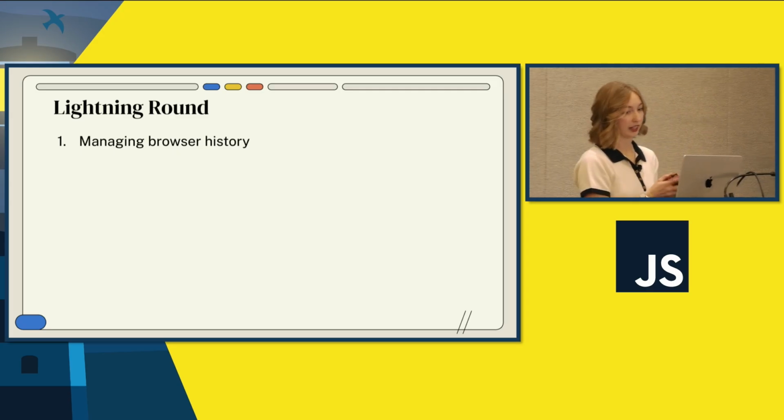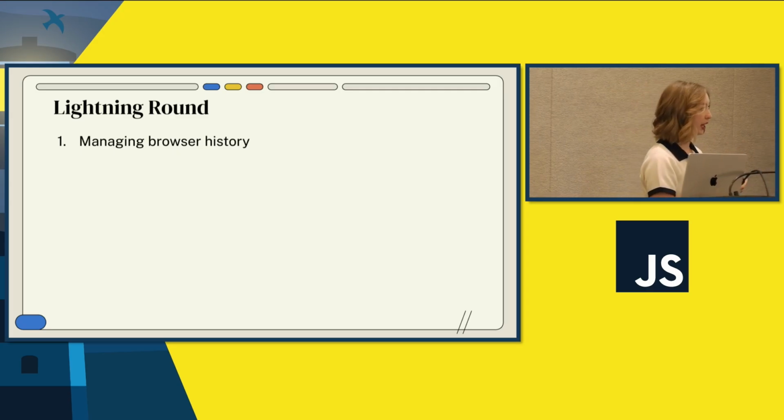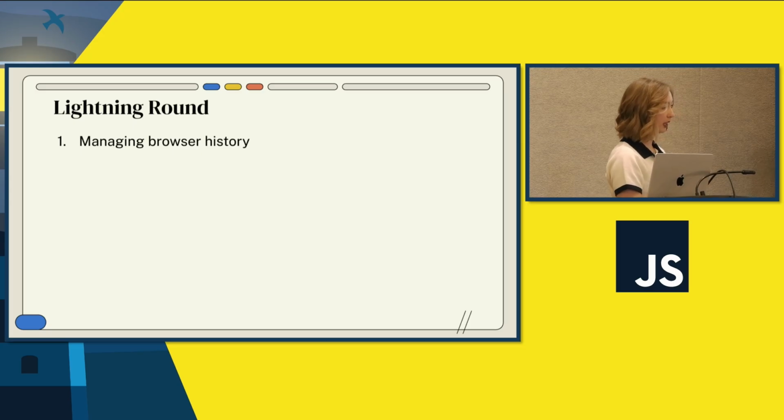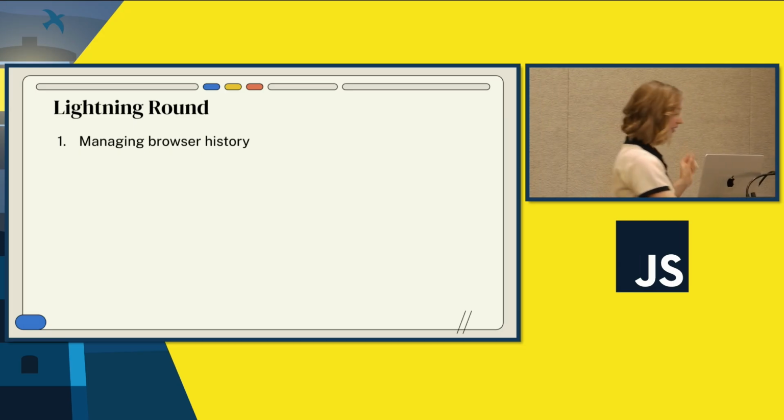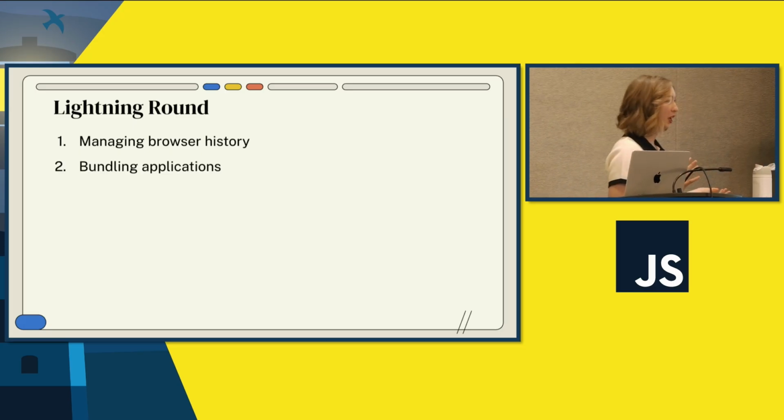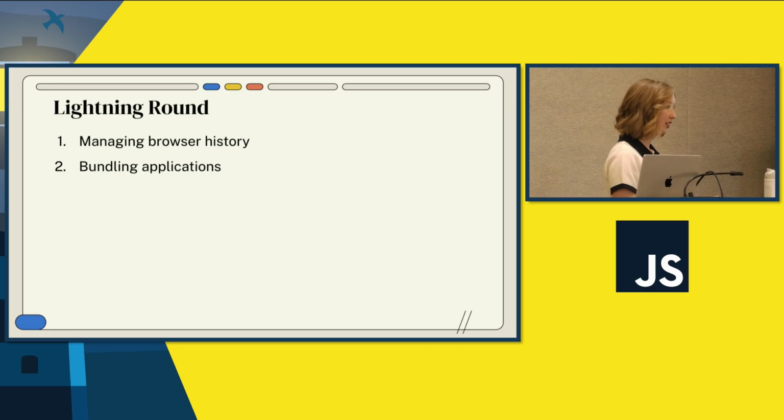Okay, second thing. When you build an application, what's your standard entry point gonna be? An index.html file. So you need to think about how you're gonna bundle applications as ES modules, because that's what we're loading into the browser.